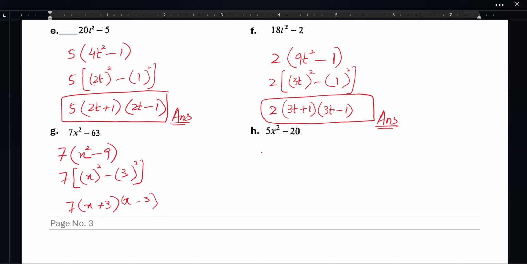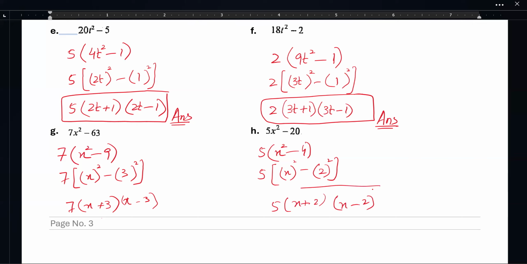Look at this. Yes, 5 is common here, and it's going to be x squared minus 4. And the second is going to be 2 squared. x plus 2 and x minus 2.